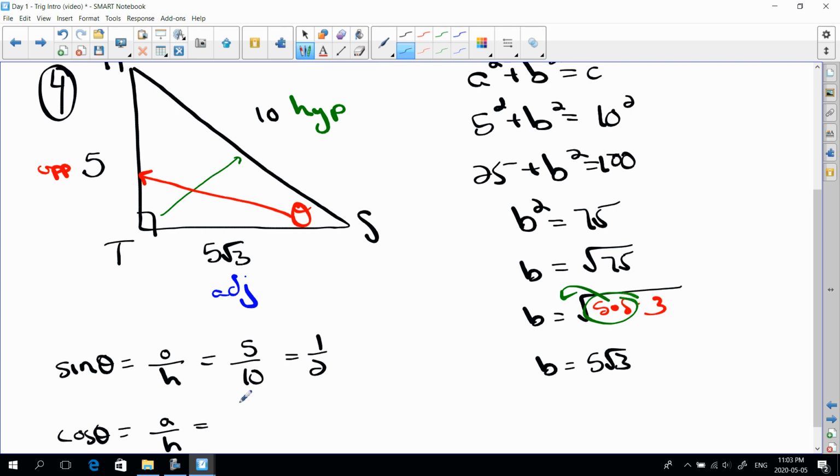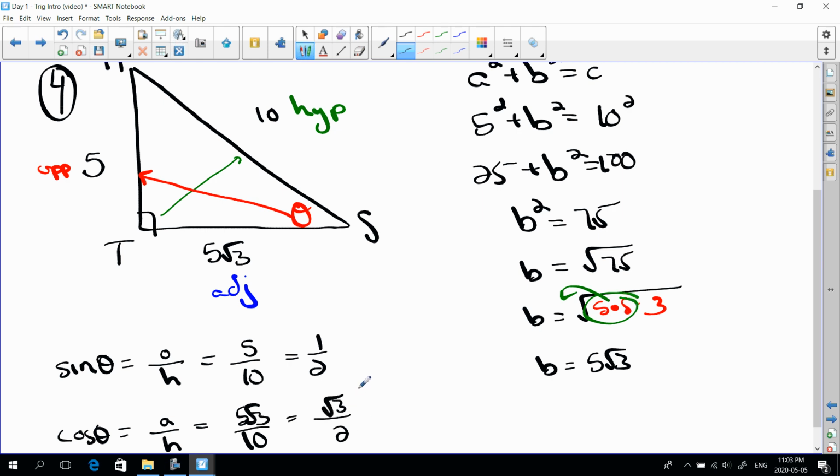So it's 5√3 over 10. 5/10 would reduce to 1/2. So I'd have 1√3, or just √3 in the numerator, and 2 in the denominator. And that is in simplest form. Okay, I'm going to leave it there.